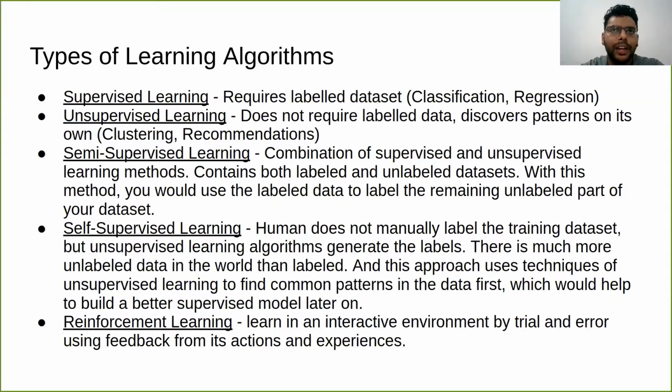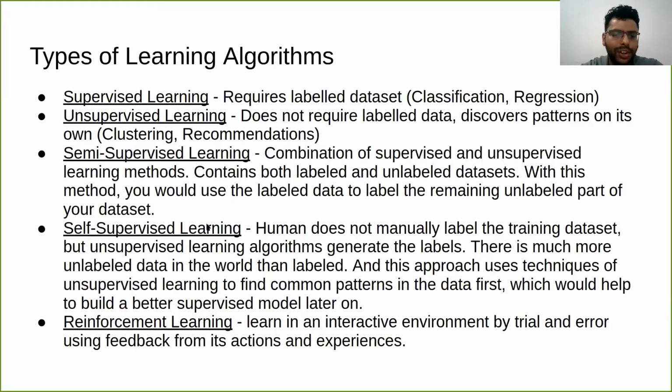If we consider the real world, labeling a data set is a very difficult task, and it takes lots of time and resources. So what we do in semi-supervised learning is we provide a small data set with some labels. Then we have other data which are not labeled. Using the labeled data set, we try to label the unlabeled data set, and at the end, it will still create a supervised learning model.